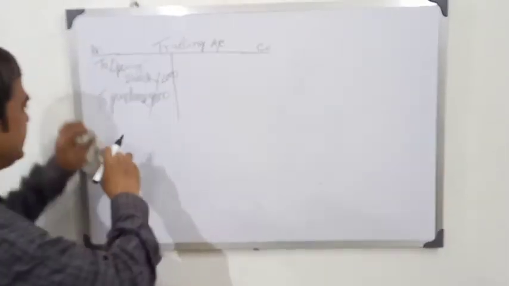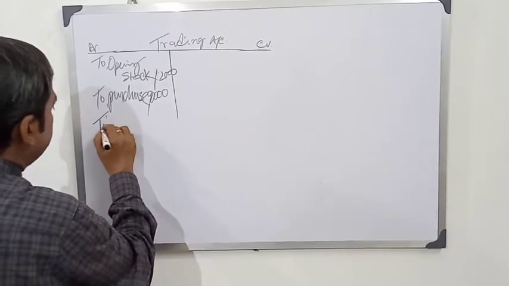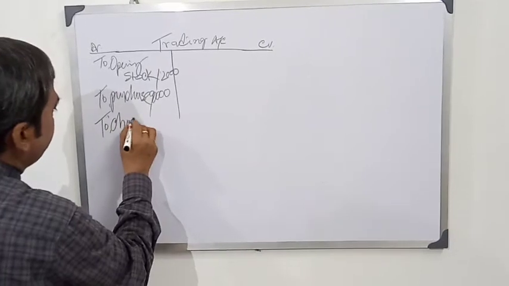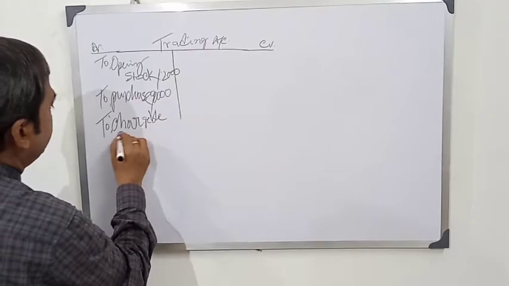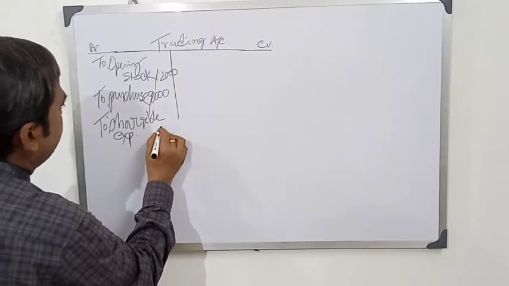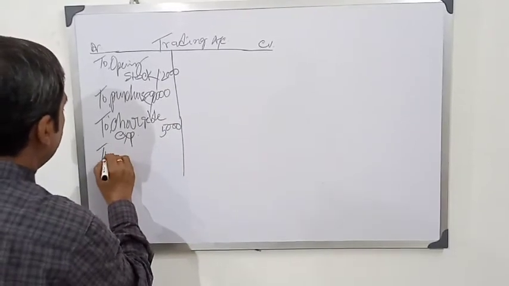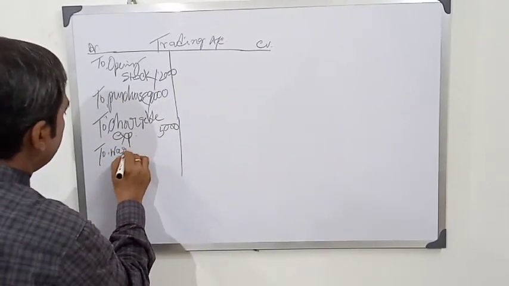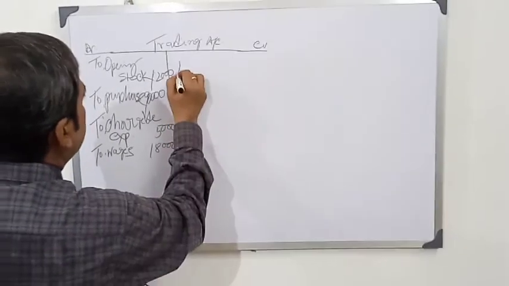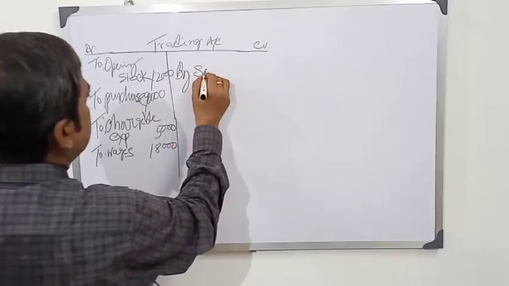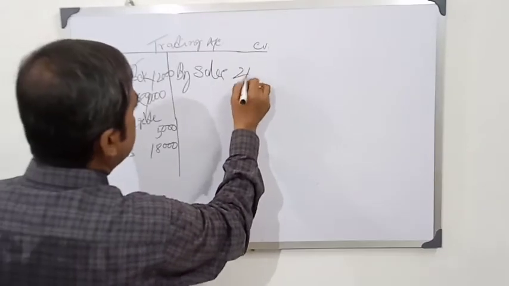That is purchase return. I am leaving that. Then you write to chargeable expenditure $5,000. Then we write to wages 18,000, and here we write by sales. Return is not there. Say 2,10,000.